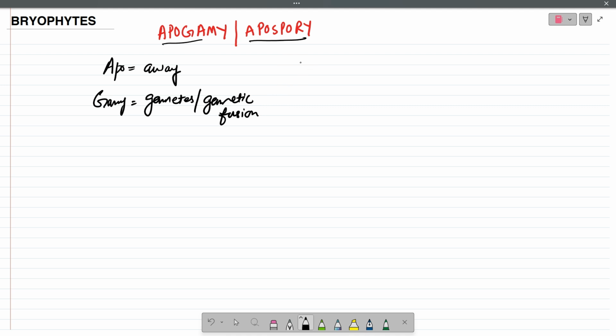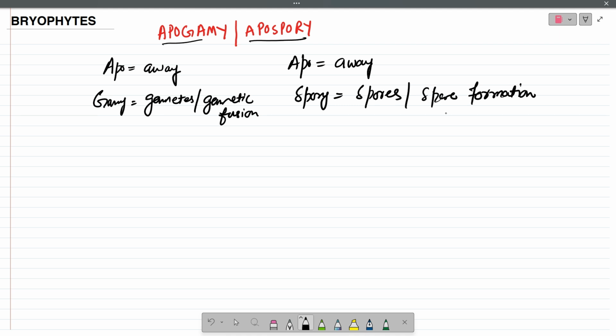And apospory means here again apo is away, and spory means spores or formation of spores. Okay, spore formation.